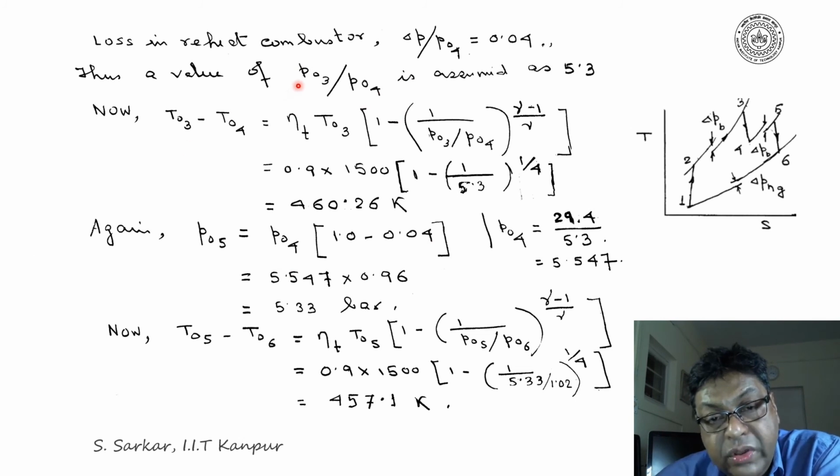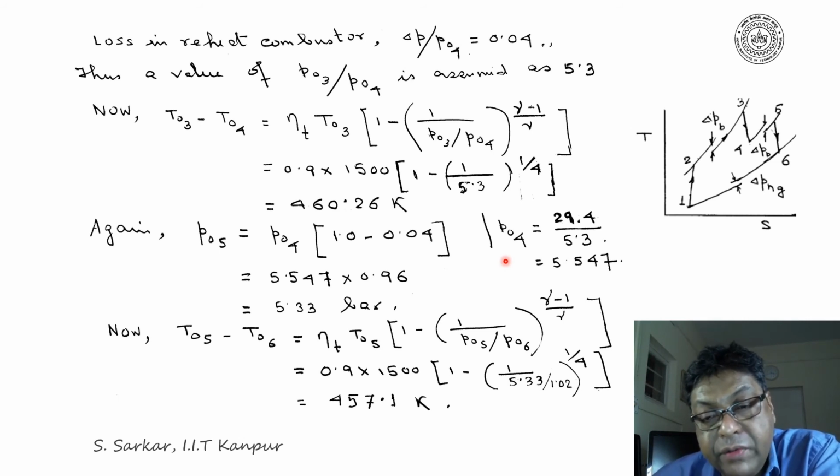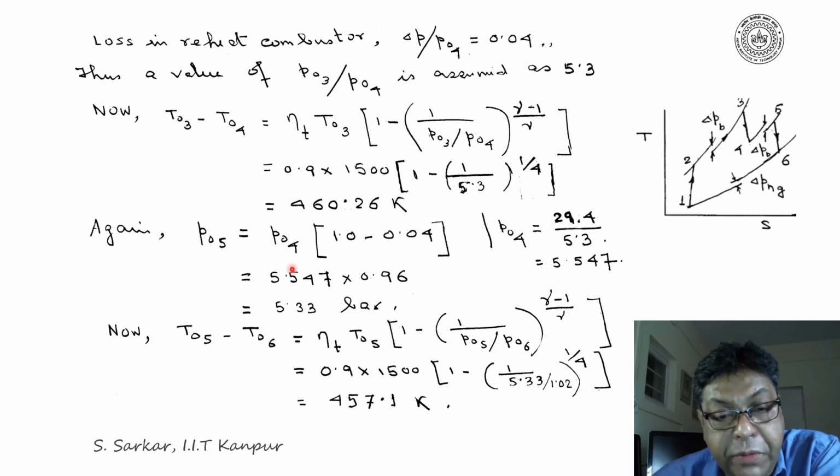I know the value of P03. P03 is equal to 29.4. Thus, here I have evaluated P04, which is 29.4 divided by 5.3. That becomes 5.547. Hence, now P05 can be evaluated as 5.547 into 0.96. That is 5.33 bar.